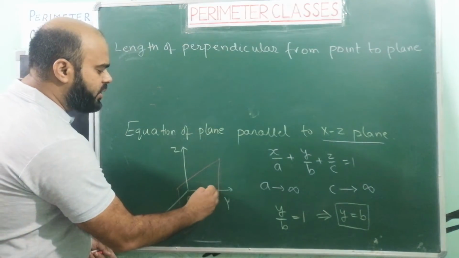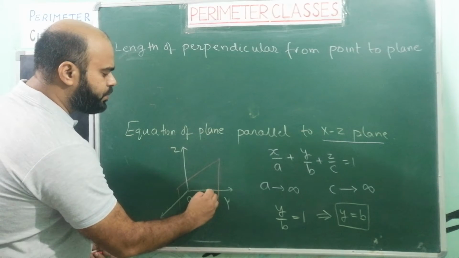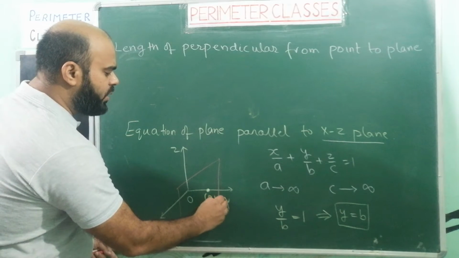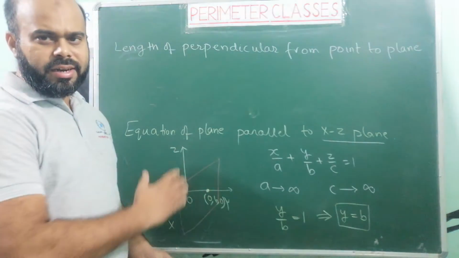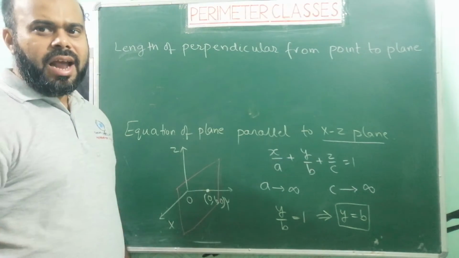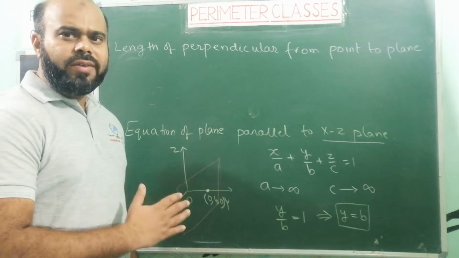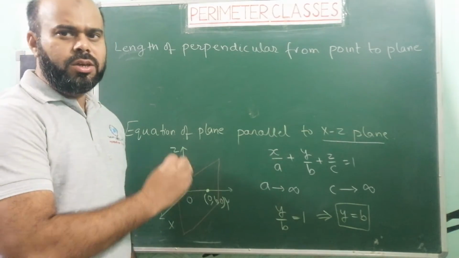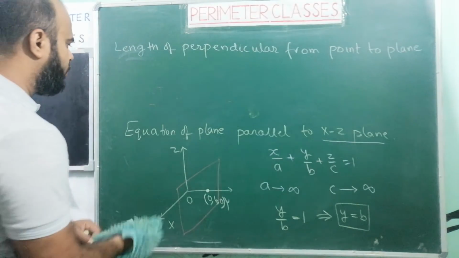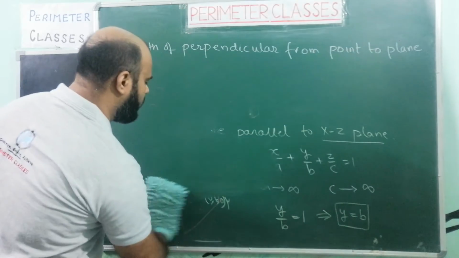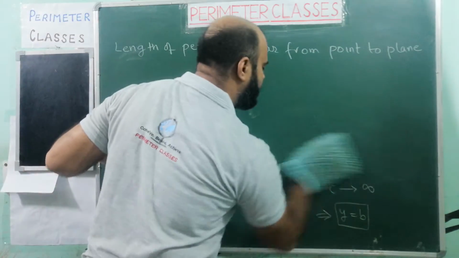The point where this plane will intersect the y-axis is (0, b, 0). The y coordinate will always be equal to b on this plane. So this was the solution of the question which I gave you in the previous lecture.